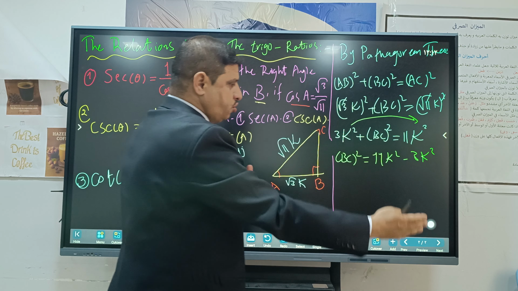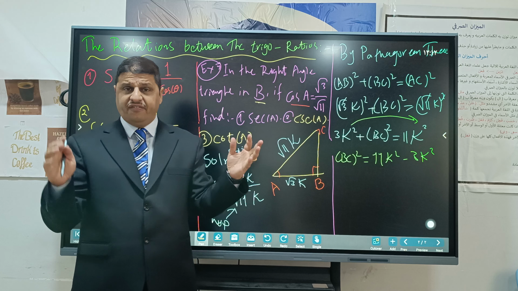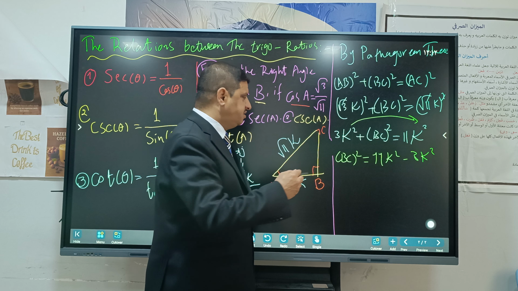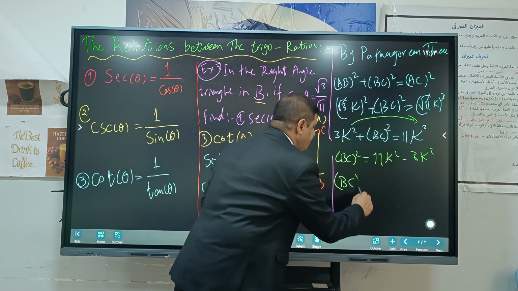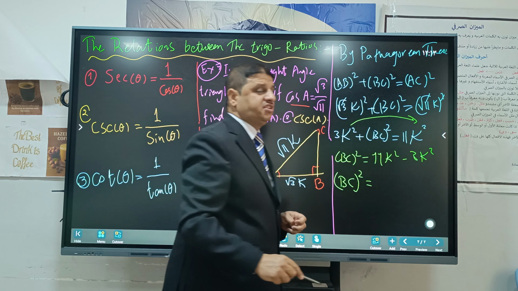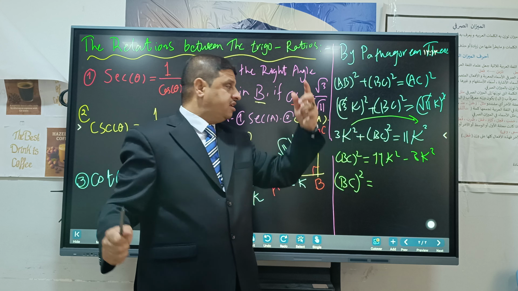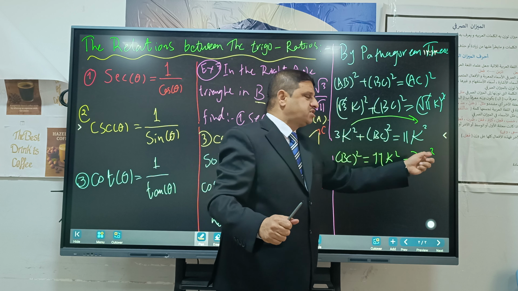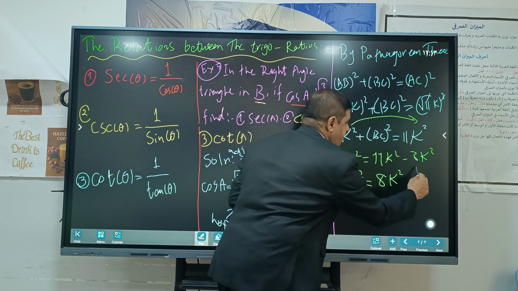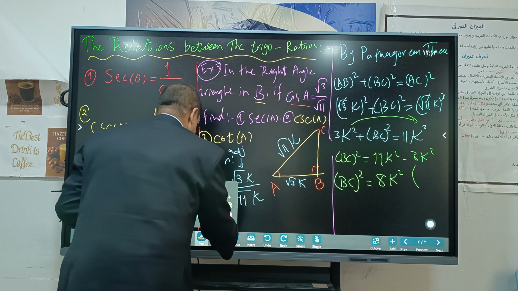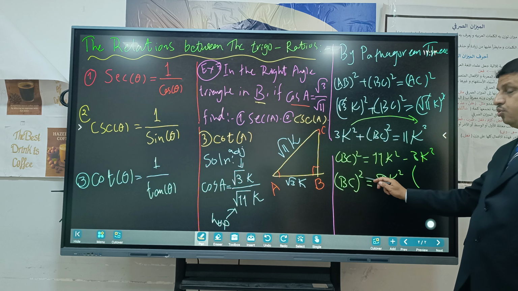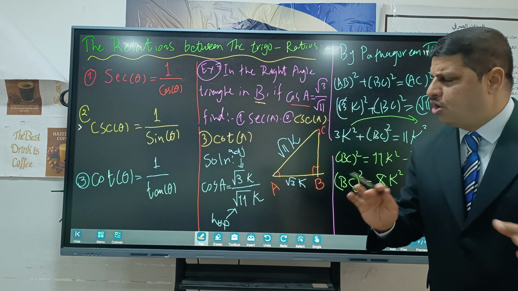Thus, when I move it to the other side of the equation, I have to change its sign. It becomes minus 3. Now, BC squared equals 11k squared minus 3k squared. Suppose 11 apples minus 3 apples, 8 apples. 8k squared. Now in this step, I have to get rid of the square roots.